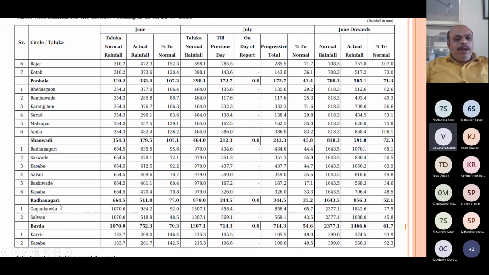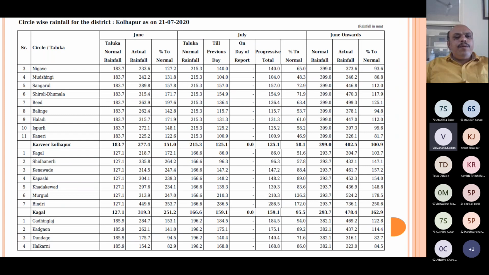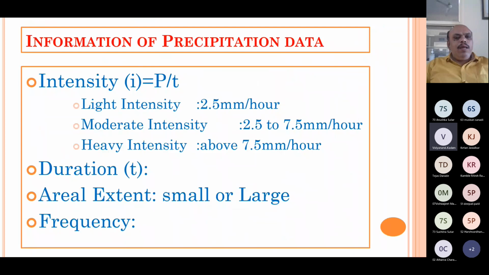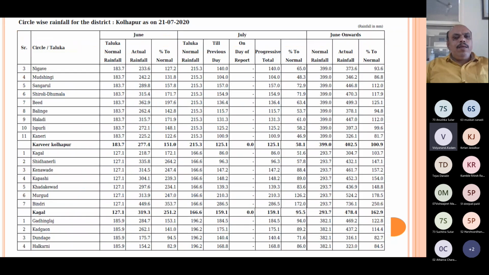Then in Radhanagari again 6 rain gauge stations are there. In Gagan Bauda there are 2 stations, one is Gagan Bauda and the other is Savan. So in Kolhapur district, the maximum rainfall occurs at Gagan Bauda. Similarly for Karvir Tahsil, Kagal Tahsil, various circles are given.